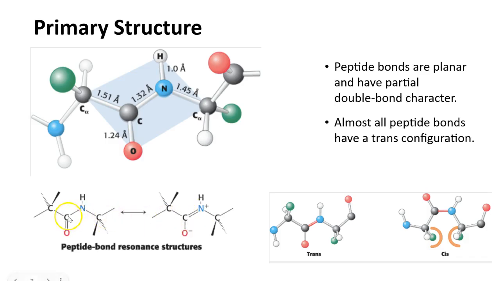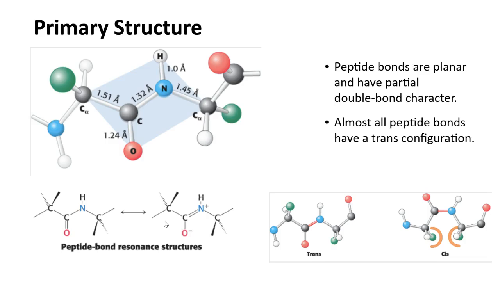So you have the peptide bond right here because we had that carboxyl group attached to the amino group, but that double bond between the carbon and the oxygen can delocalize to be between the carbon and the nitrogen. And so that's what we talk about, this having partial double bond character.